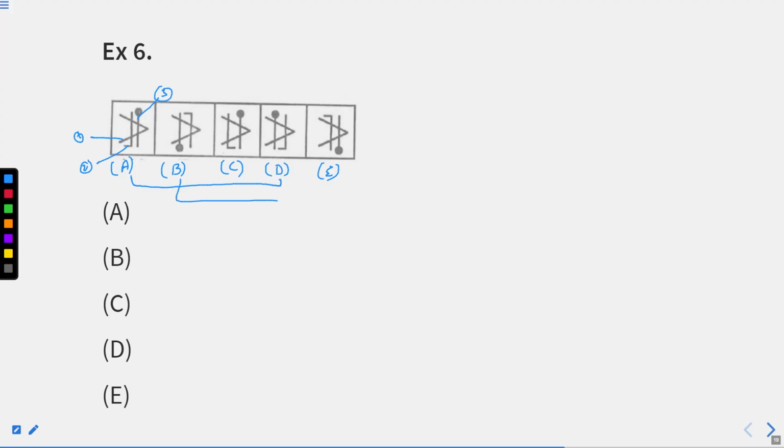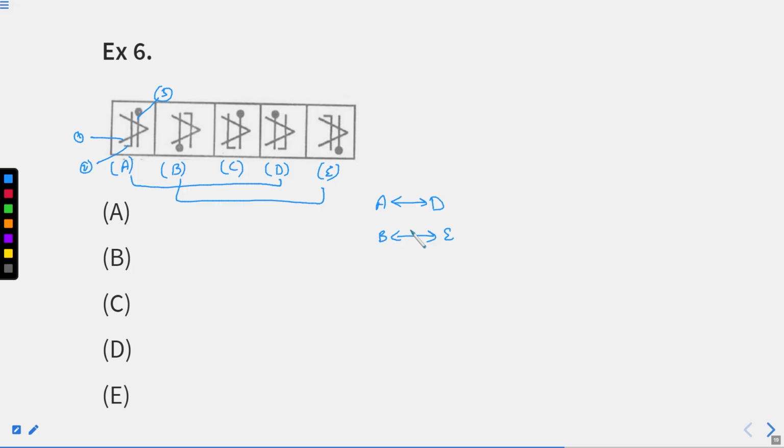Again in B and E, they interchange their positions, right? Which one? A to D, just a second, right? A to D, they interchange their position, and B to E, they also interchange their positions, right?